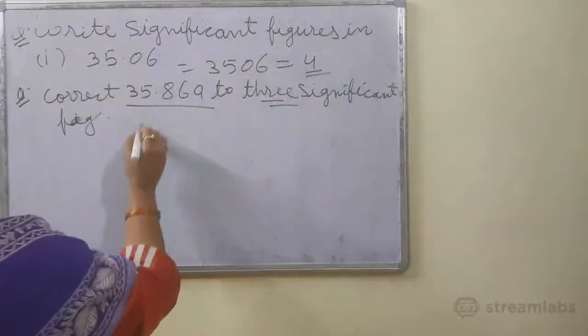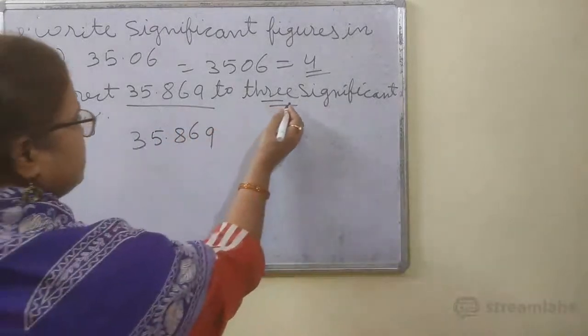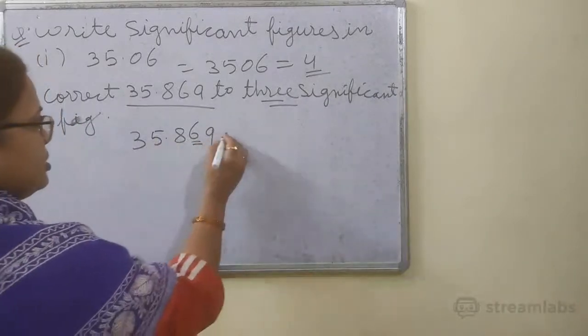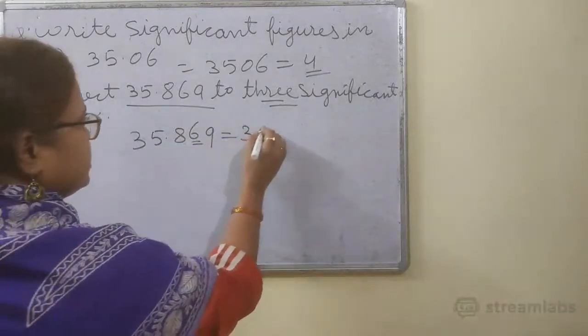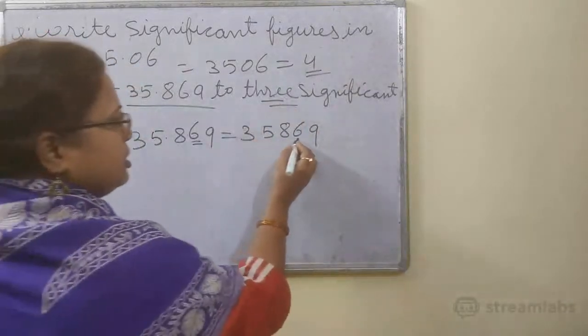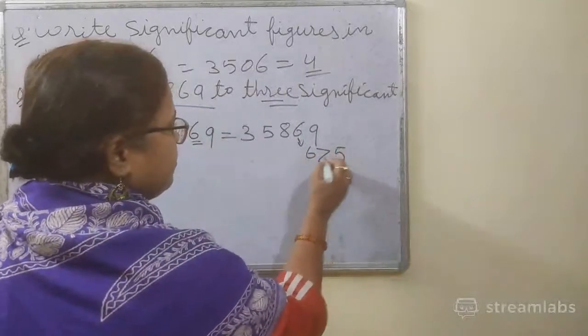So here, 35.869. 3 significant figures means we will see which one? The fourth one, because we don't consider the decimal. So the exact numbers we have to consider are these. It is asked about 3, so we will see the fourth one. And this is more than 5.